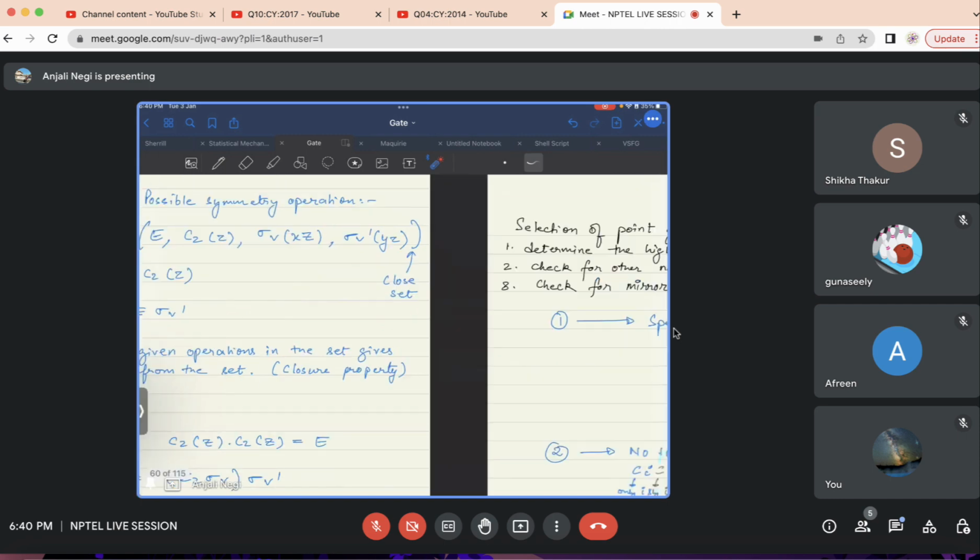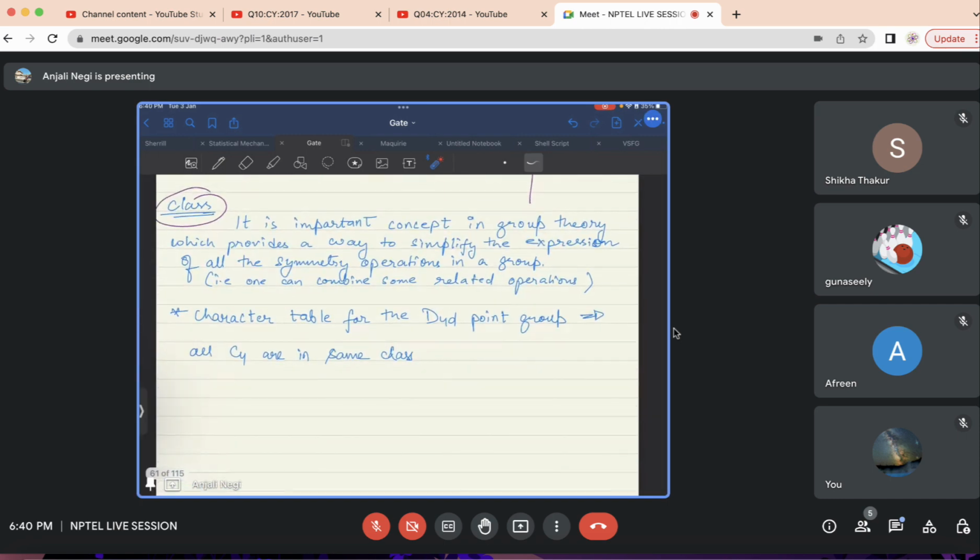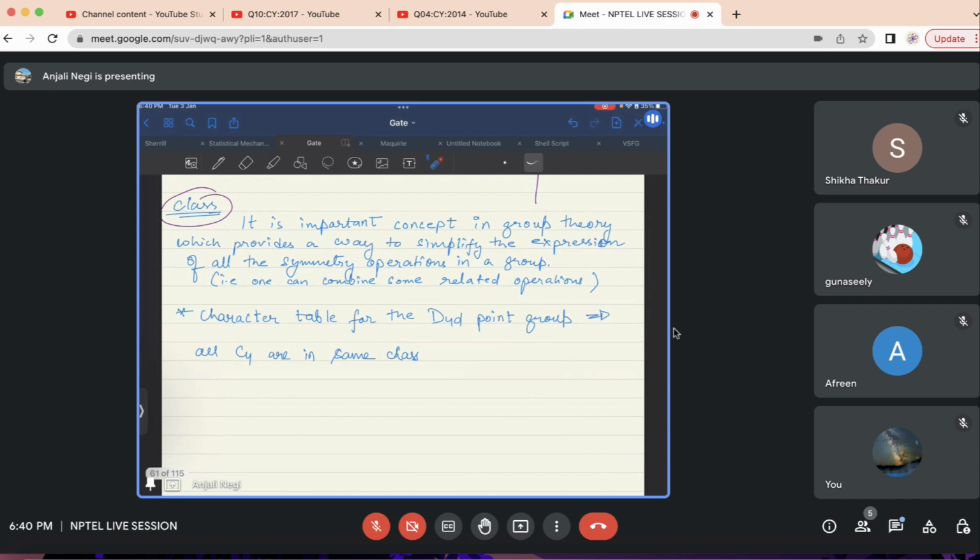Okay, so you can combine some related operations and write them down in a class, but it's a little tricky because you have to know the character table for D4d or other point groups, so that you can differentiate whether the C4 axes are grouped together in a single class or divided into 2 or 3 different classes in the character table of that point group.